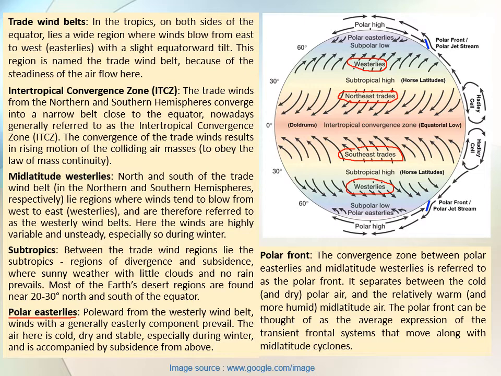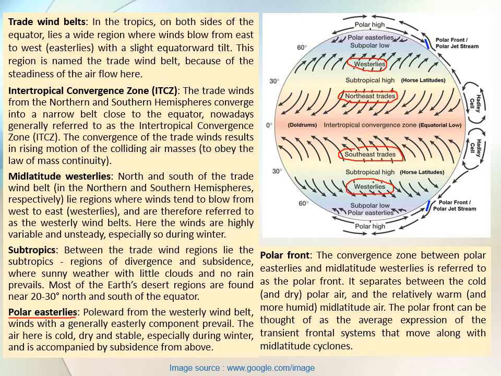Now, in the polar region or close to the polar region, that is from 60° to the poles in both hemispheres, another circulation cell exists, and that we call the polar cell. And here we find that the surface wind is generally coming from the polar highs towards the 60° latitudes in both hemispheres.